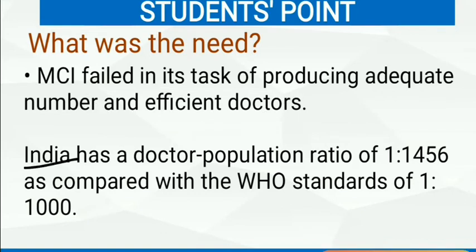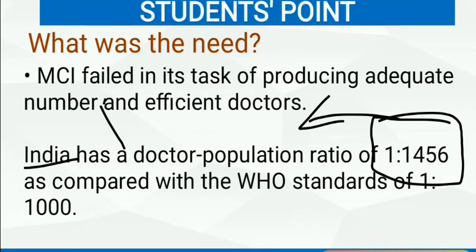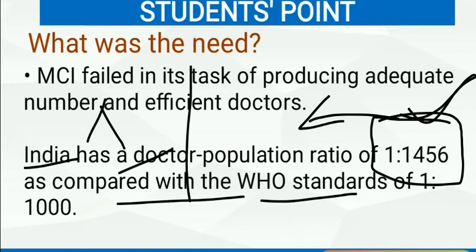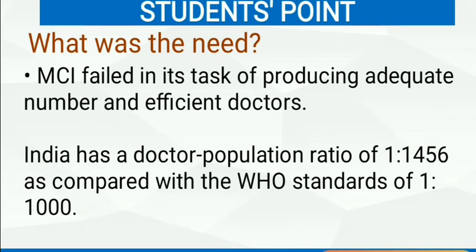For instance, India has a doctor population ratio of around 1:1456. That is to say that there is only one doctor for 1456 people, which is much poorer compared with the WHO standard of 1:1000. So India lags much behind.